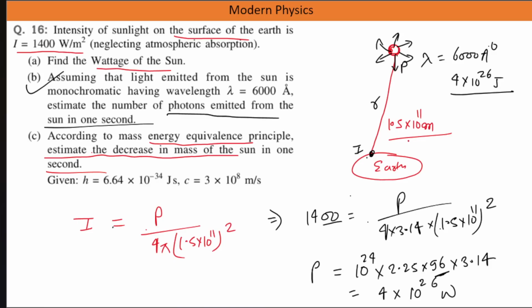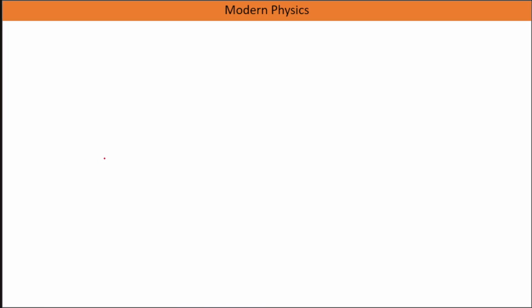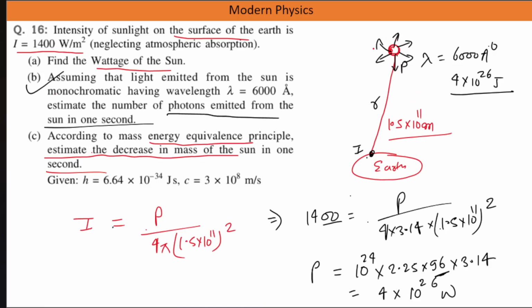It is very important that we keep this planet beautifully and with love, because there is someone who is spending themselves for us, and that is the sun. So per second, how much mass of the sun is getting spent in order to provide us with this intensity, that we are going to calculate.